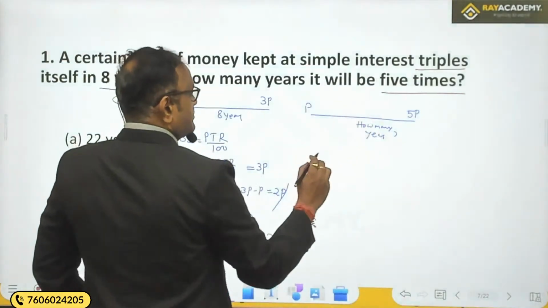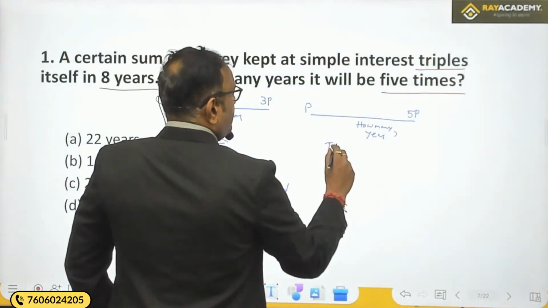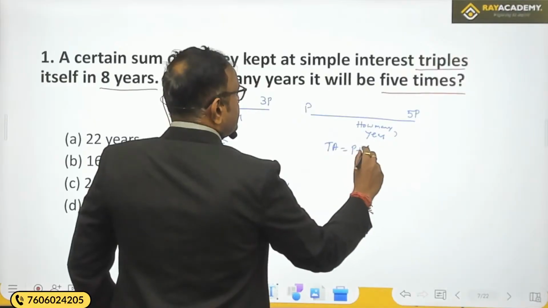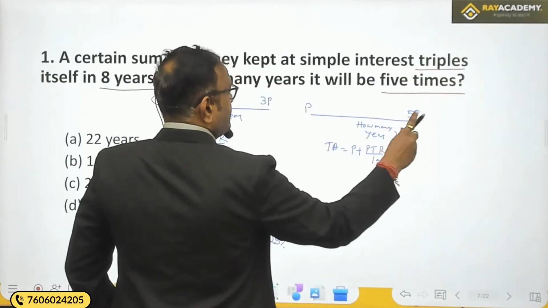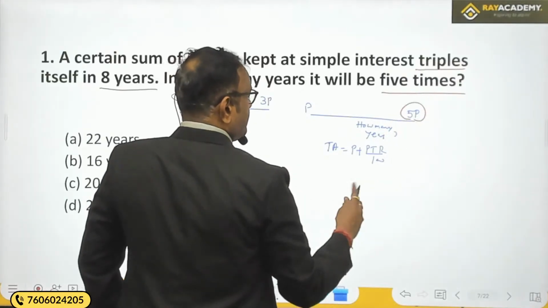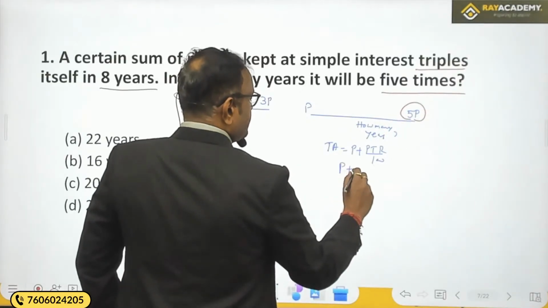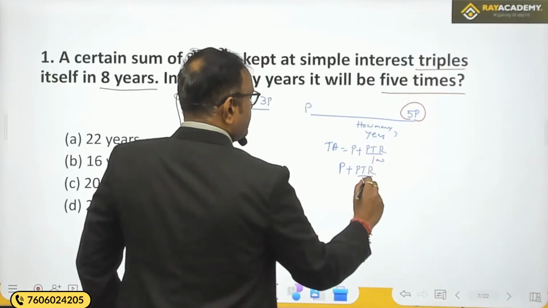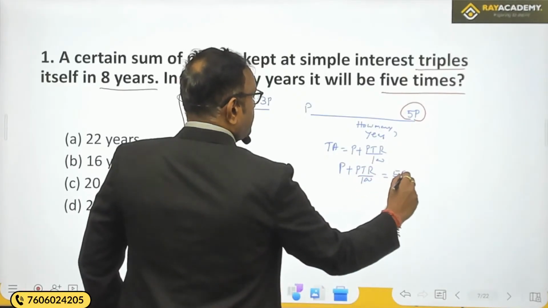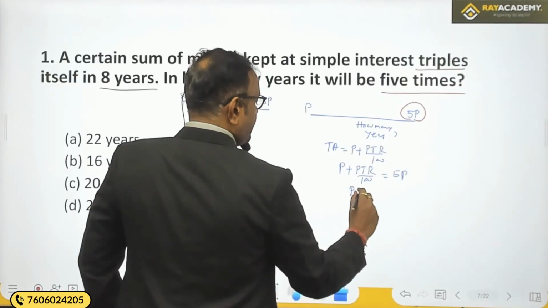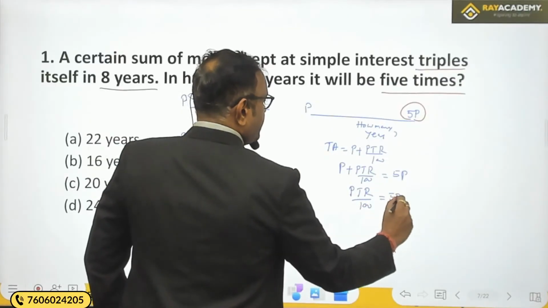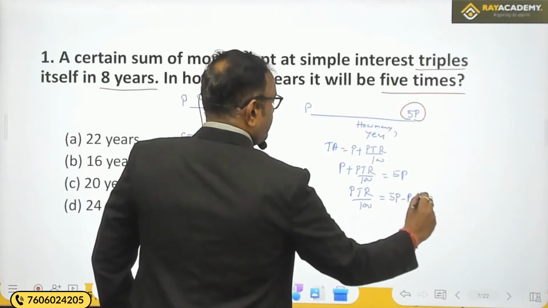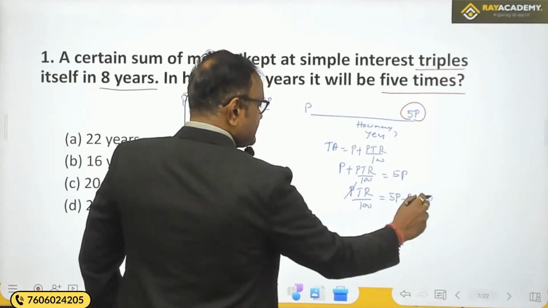Now come to this question. Total amount will be P plus PTR by 100. But the total amount needed is 5 times, 5P. So P plus PTR by 100 becomes 5P. So PTR by 100 equals 5P minus P, that is 4P. So P gets cancelled.